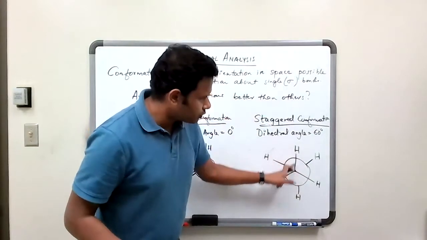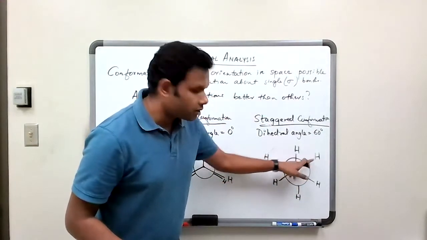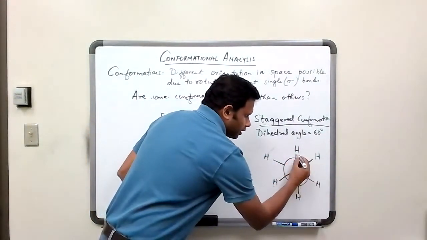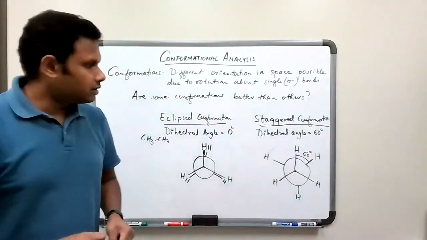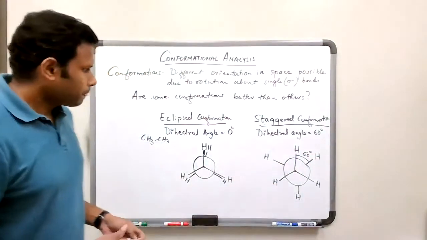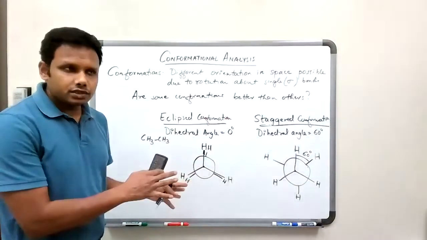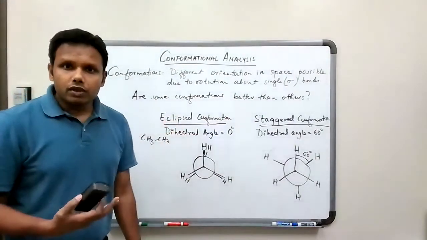We have 2 groups on the front carbon, and the bond on the back carbon is between the 2, such that this angle here is 60 degrees. That is the dihedral angle. So those are the 2 important conformations for ethane. We're talking about ethane right now.